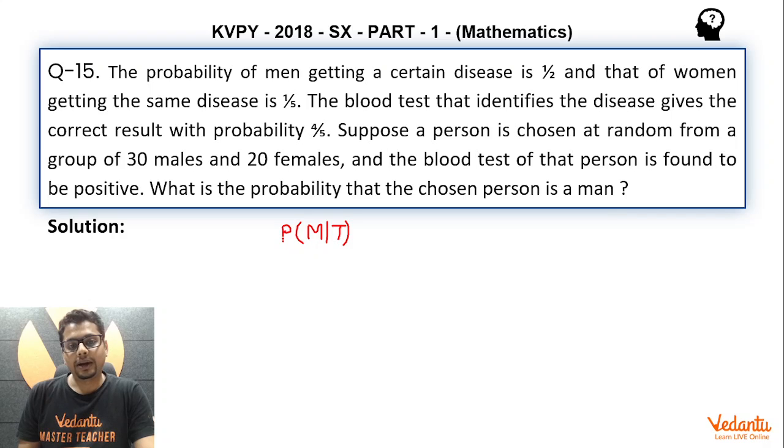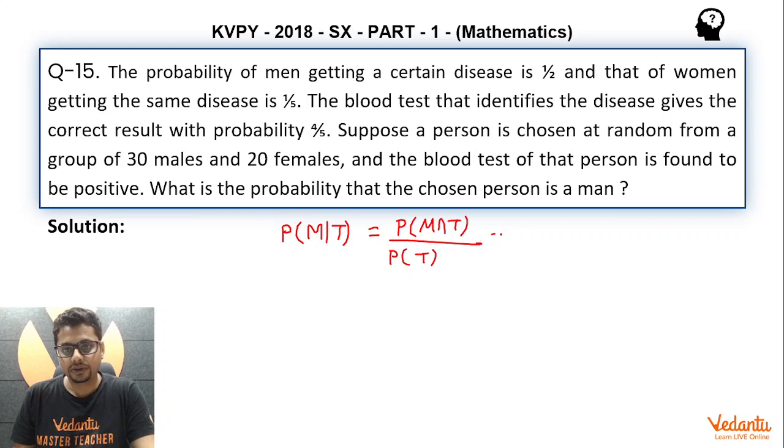So what we want is the probability that the person is male given that he is tested positive. So this, using a basic of conditional probability, you may write like this. In a way I am covering the theory of Bayes' theorem also.